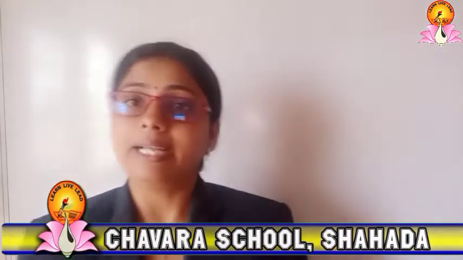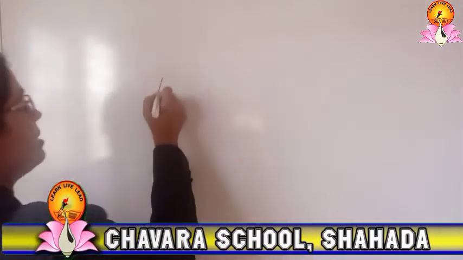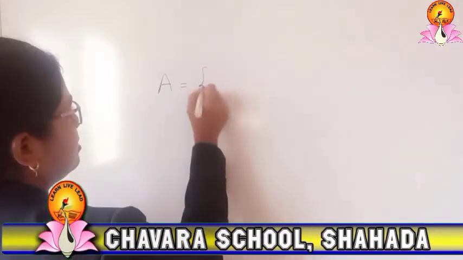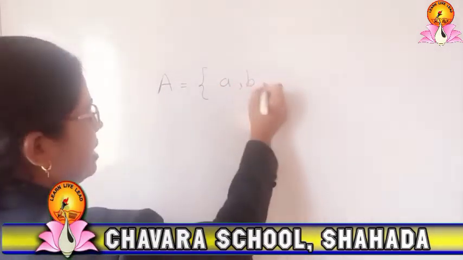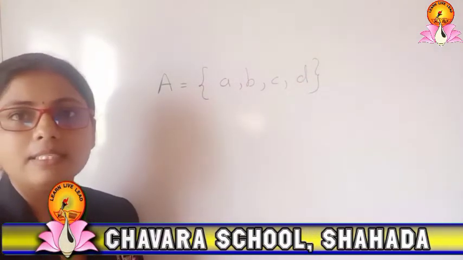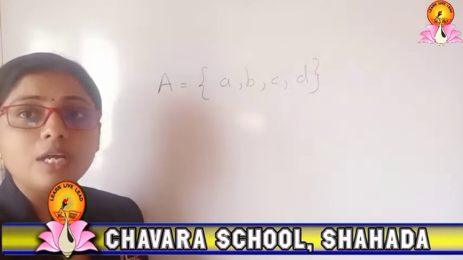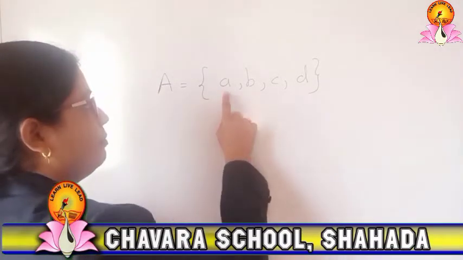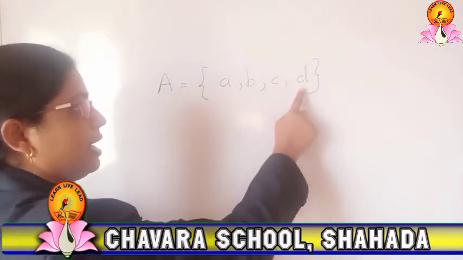The next point is the cardinal number. What do you understand by cardinal number? Whatever elements are present in a set, suppose small a, b, c, d are the elements present in a set. Just count how many elements are there: 1, 2, 3 and 4.